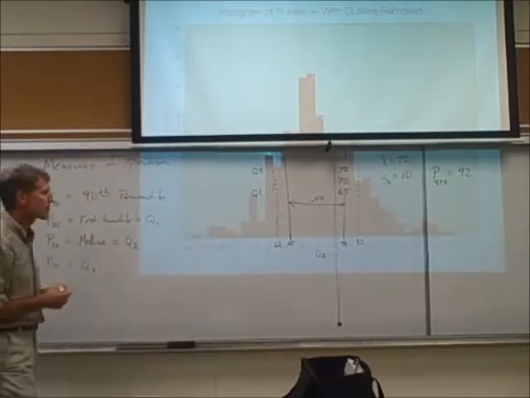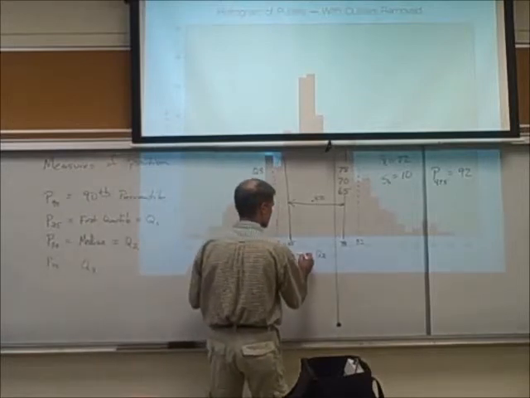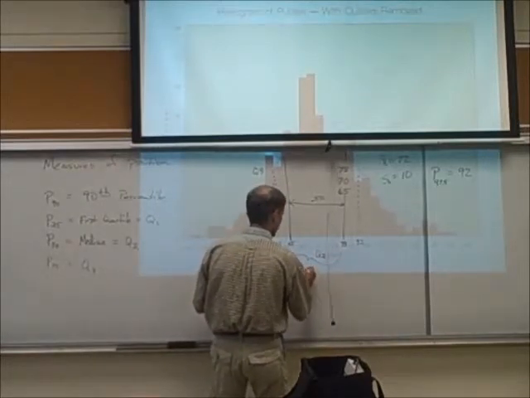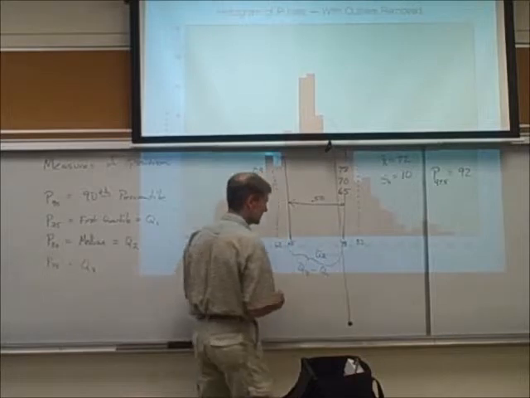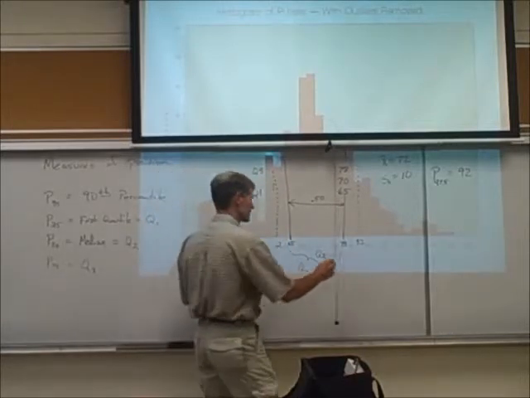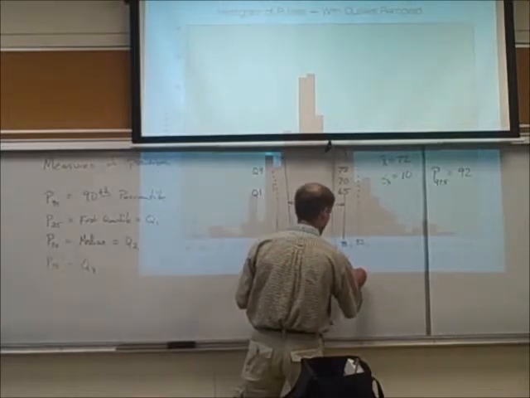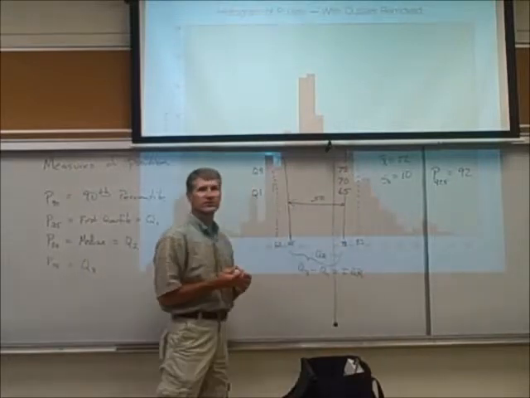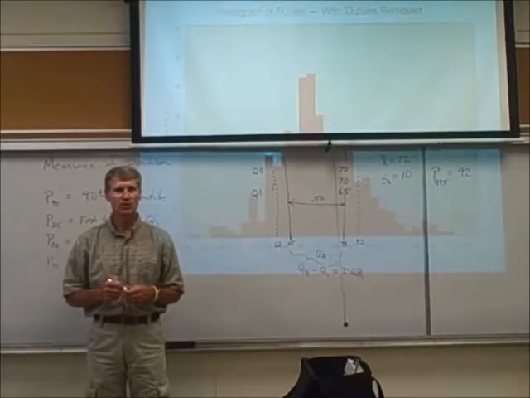Okay? Now that distance, which is Q3 minus Q1, that distance is called the interquartile range, the IQR.